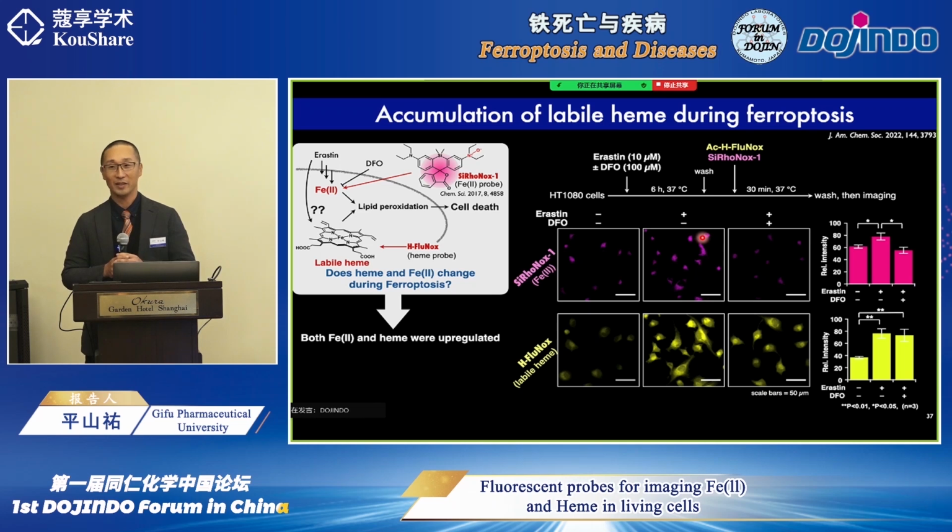Okay. Thank you. And then there are some more questions. Can this detection probe directly enter the mitochondria, lysosome, or ER? And what's the principle of high affinity for iron 2 without binding to iron 3?